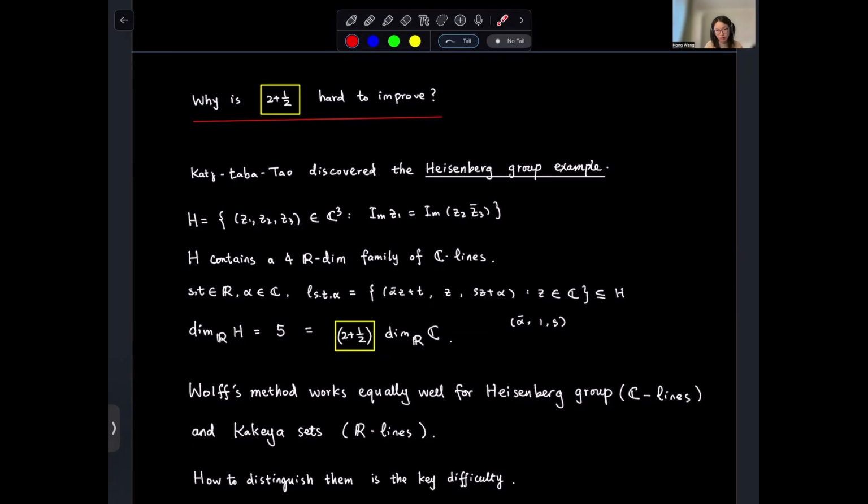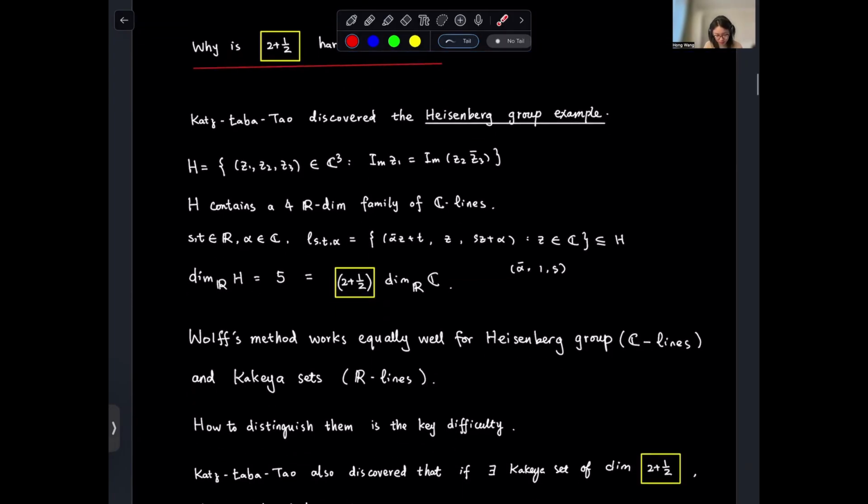This assumption, as we will see later, is very hard to use in the proof. So the approach we use is to say that the Heisenberg group exists in C^3, but the Kakeya set exists in R^3. We were able to distinguish the two examples by distinguishing the spaces they lie in.